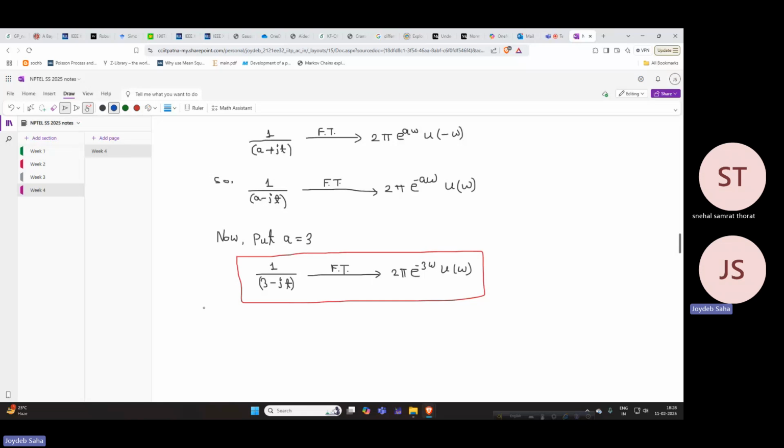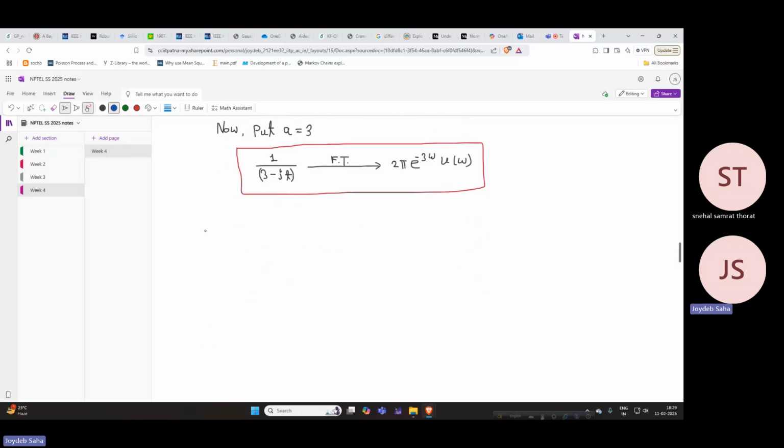Now we will go to the next problem. Find the Fourier transform of e to the power 3t u of (minus t plus 2).